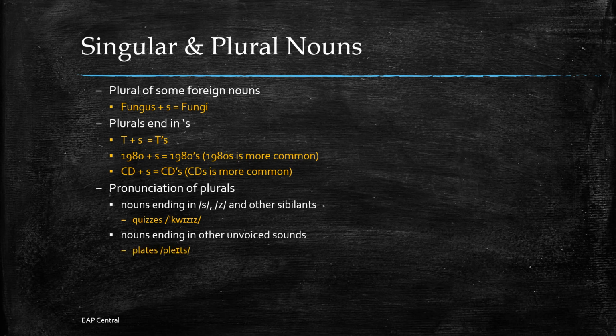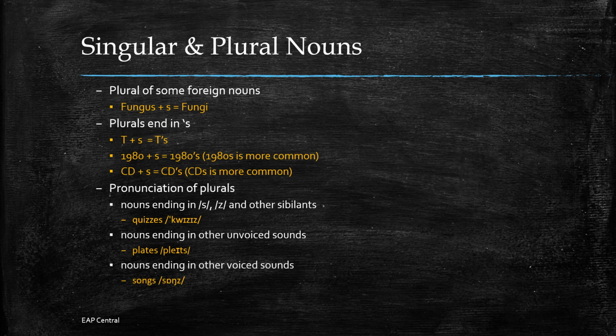Next one, after any other unvoiced sound like p, f, th, t, or k, the plural ending s or es is pronounced s. For example, cups, clothes, books, or here plates.